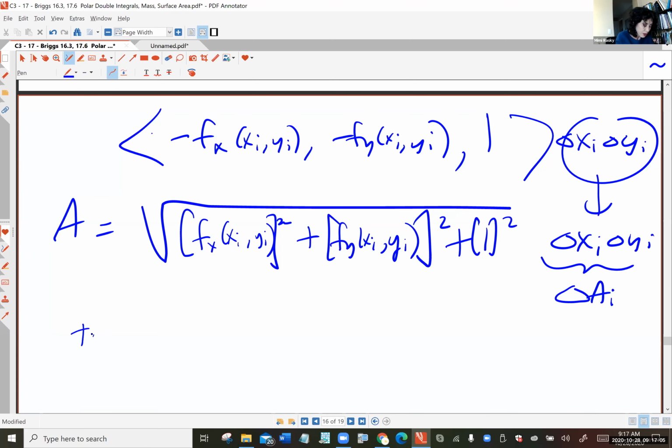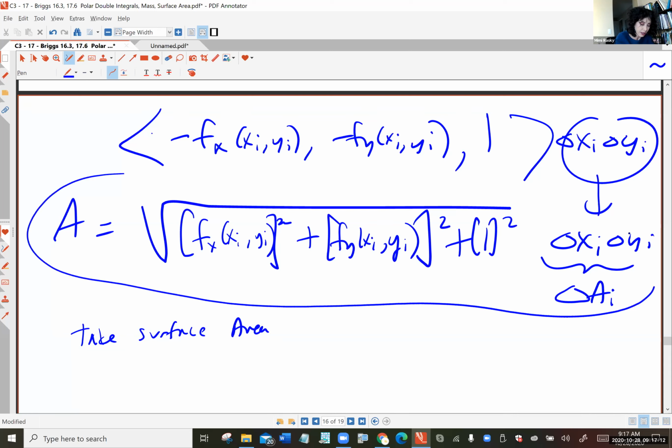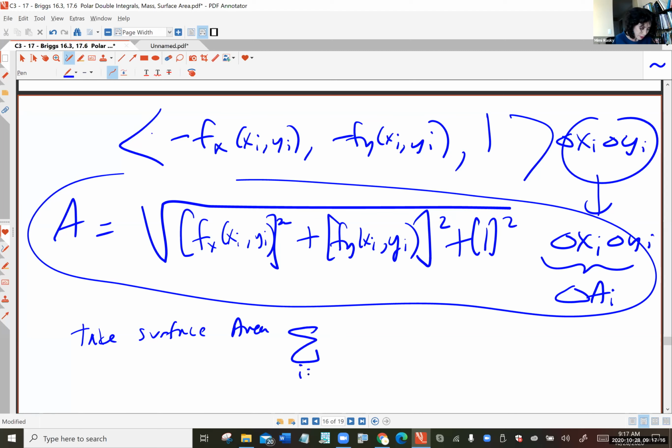This is my delta S sub i. And then when I take the surface area, I'm basically going to add up all of these delta S sub i's, which basically look like this. I'm taking the sigma i going from 1 to n of delta S sub i, and that's equal to sigma i going from 1 to n of the square root of 1 plus your fx(x sub i, y sub i) getting squared, and your other partial fy(x sub i, y sub i) getting squared, like that, and then your delta A sub i.